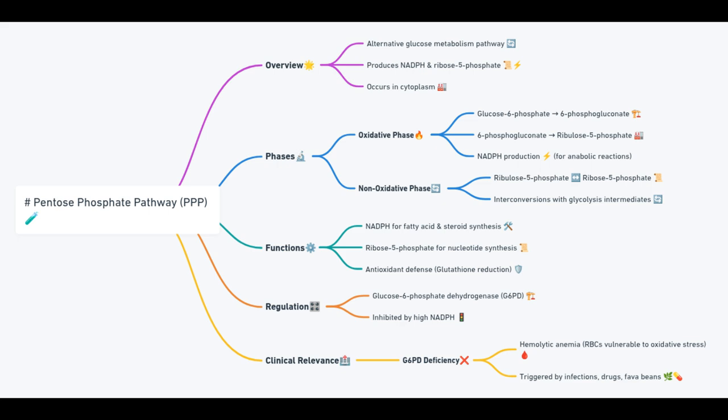complications can arise like hemolytic anemia and prolonged neonatal jaundice. These are the two major pathologies associated with G6PD deficiency, and both of these conditions are directly related to the inability of specific cell types to regenerate reduced nicotinamide adenine dinucleotide phosphate, and this reaction is normally catalyzed by the G6PD enzyme.